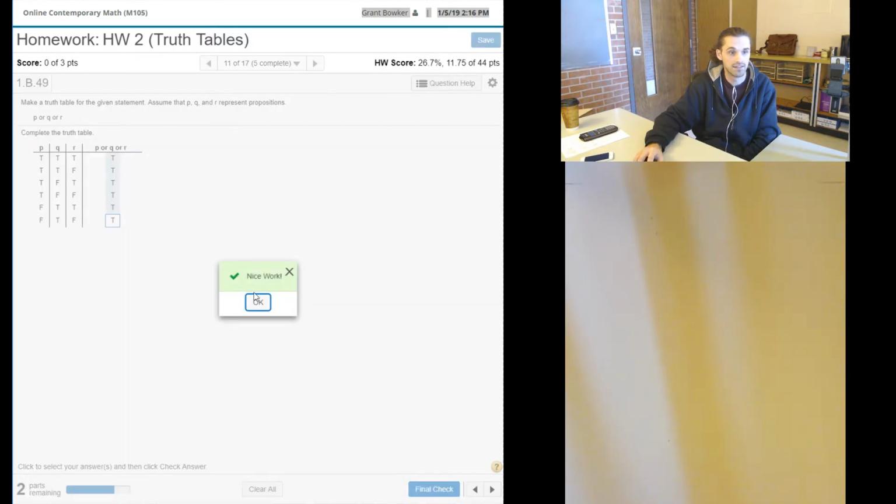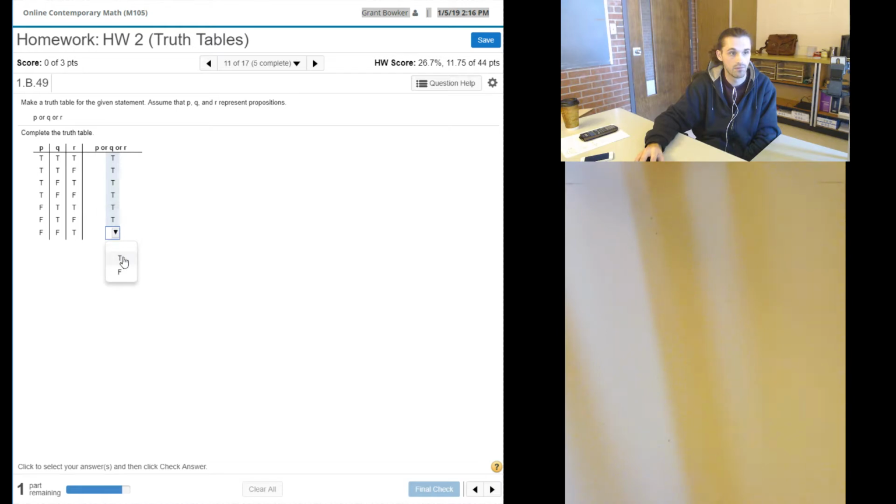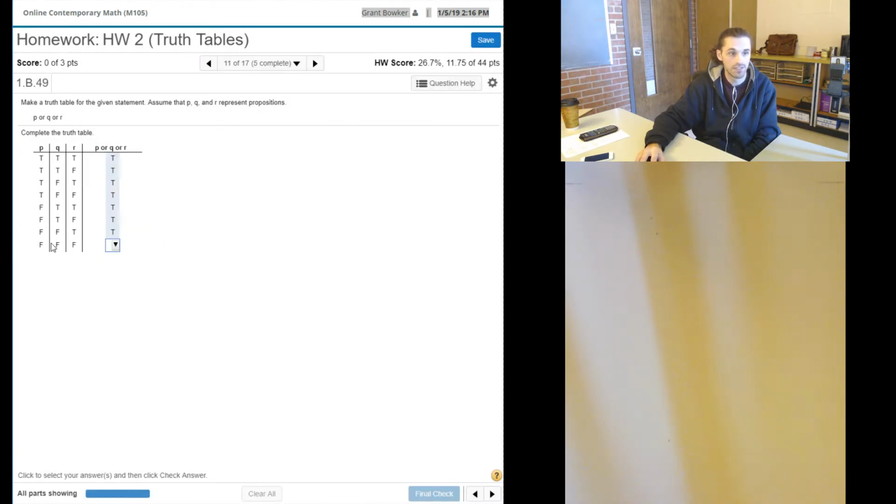So recognize in all of these rows we have at least one true popping up. It's only when all three are false that your or statement will be false. Again, an and statement is true if all the pieces are true. An or statement is false only if all the pieces are false.